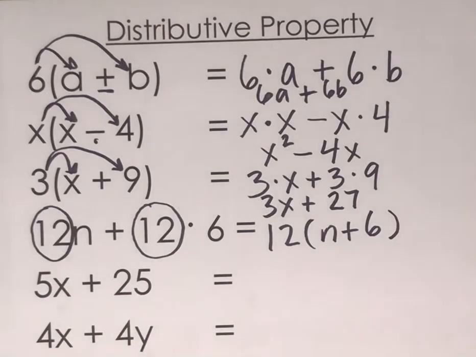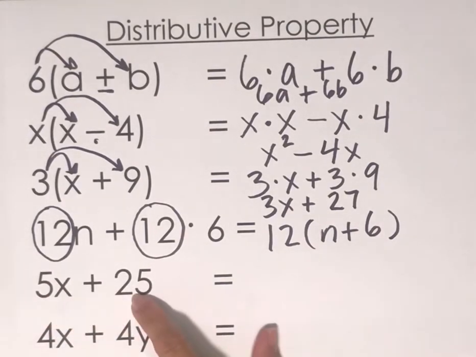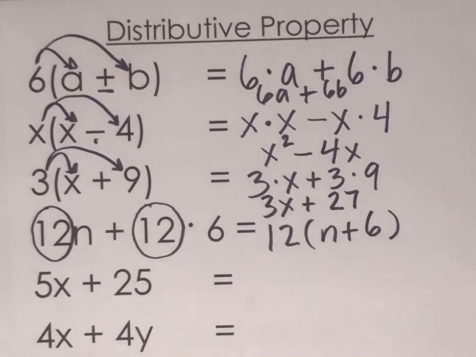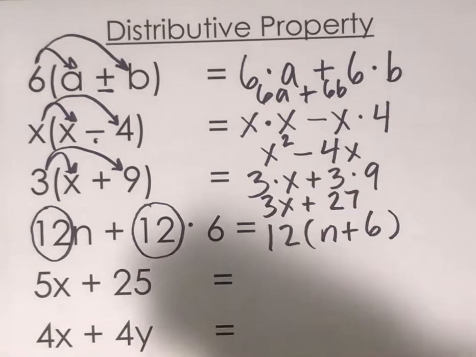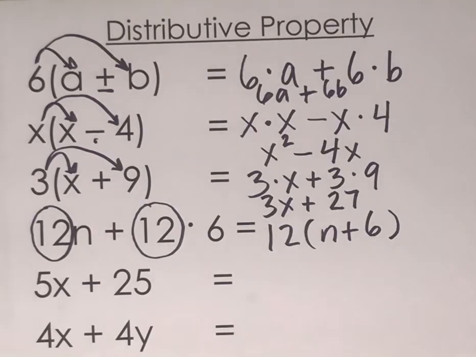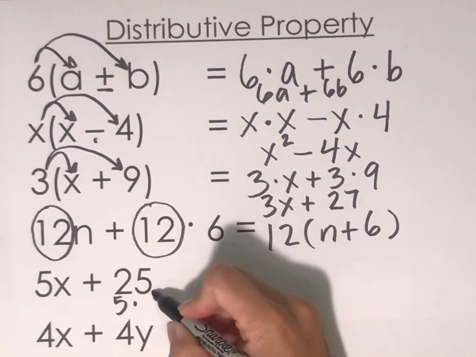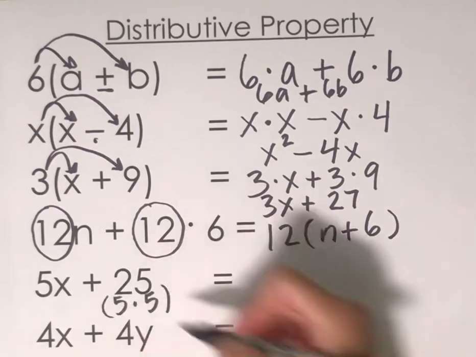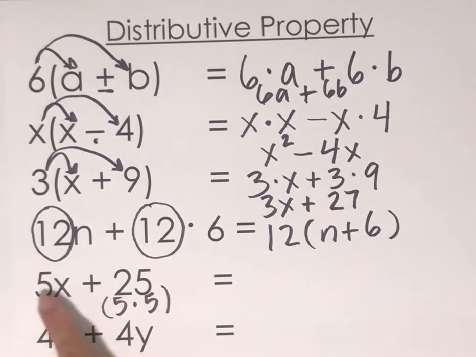Okay, this one, same thing. So we're going to pull out a common factor. So a lot of kids look at this and they're like, I don't see a common factor. There's a 5, an x, and a 25. So we have to think about this 25 and breaking it up so that there is a common factor. Remember, 5 goes into 25. So really this is 5 times 5. So I like to think of that, because then do you see you have a common factor, because 5 goes into both.